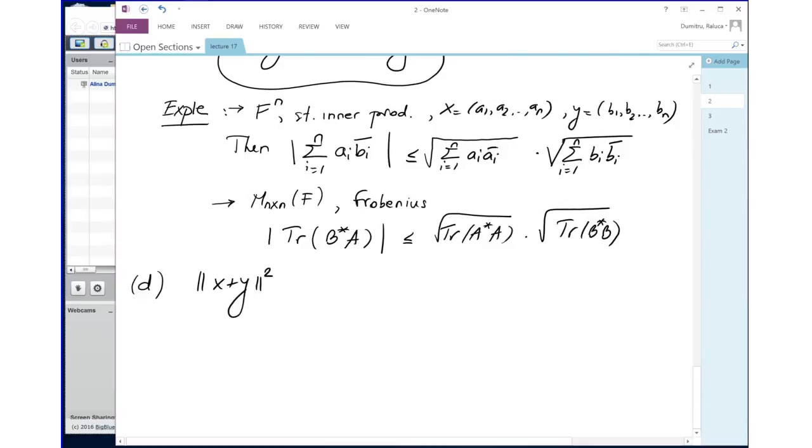It's more straightforward. So we're going to show that the norm of x plus y squared is less than or equal to the norm of x plus the norm of y, everything squared. If we show this, we're done, right? We just take the square roots of both sides, and we get what we need. So let's start with the left side.